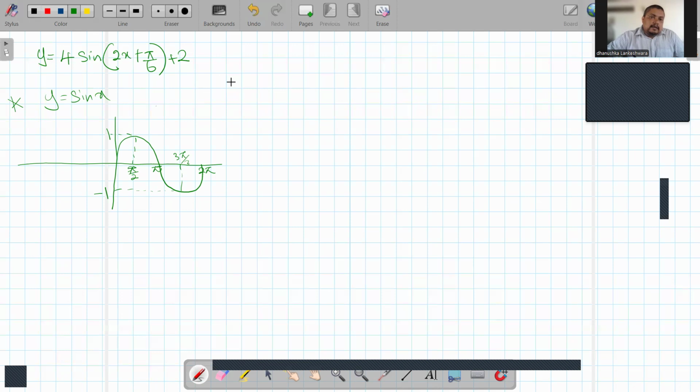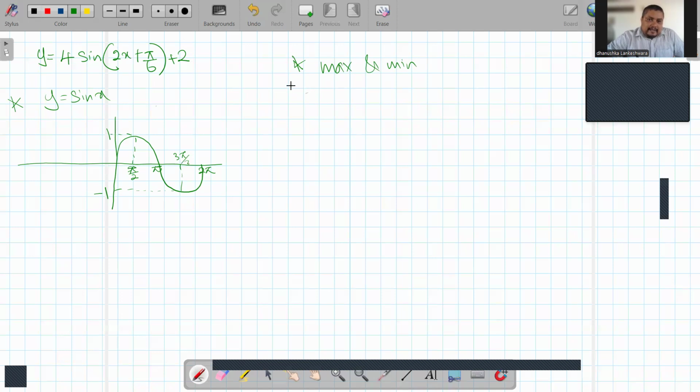So then, in order to sketch this, you need to find out some important figures, right? Number one, the maximum and minimum value of the function. So you know that for y equals sine x, the sine graph has maximum value +1 and minimum value -1.